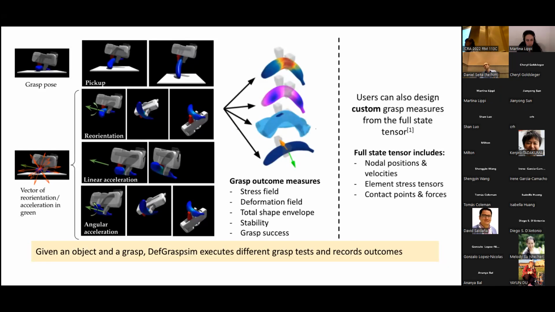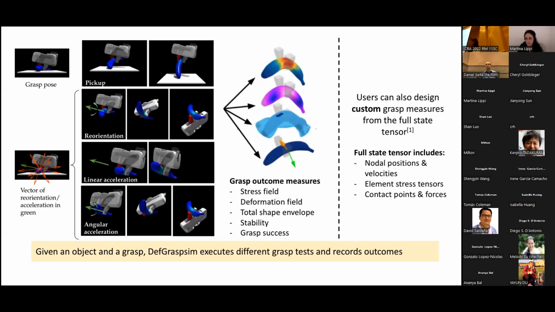Now, I want to mention that users can also design custom grasp measures that they want to look at that might not be included from our code base, because at each time step, a full state tensor is actually made available to the user. This full state tensor includes full nodal positions and velocities, element stress tensors, as well as contact points and contact forces.